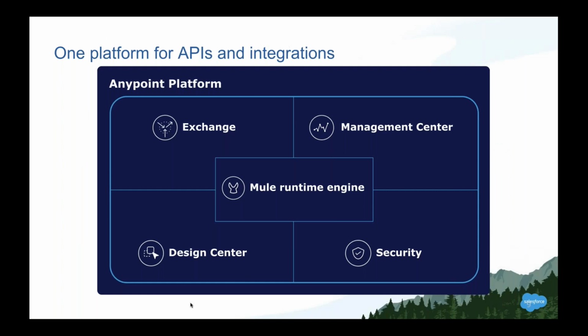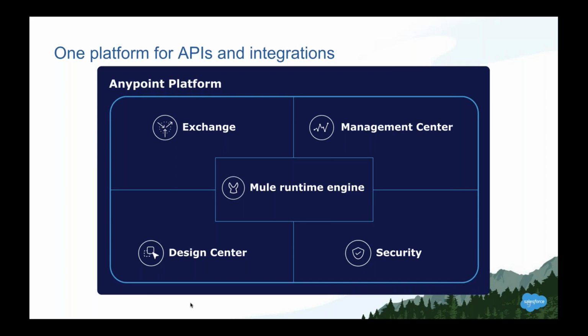Now, before we hop into the demo, I want to give you a brief explanation about what the Anypoint Platform is made of. You see the Exchange. This is actually where all the assets, all the APIs that you create get exposed. So basically like an app exchange, but just for your APIs. There's a management center, which we'll briefly see, where you can manage all the applications, where you can also configure security for different APIs.